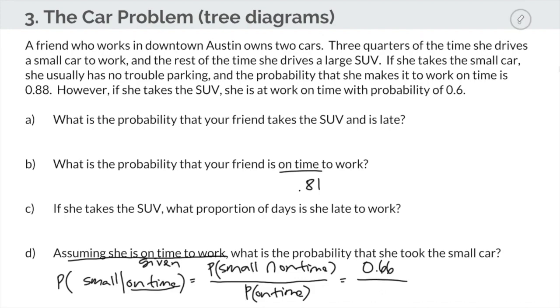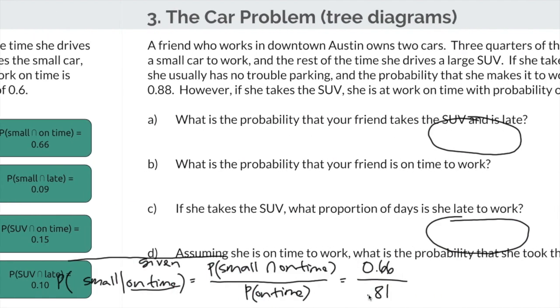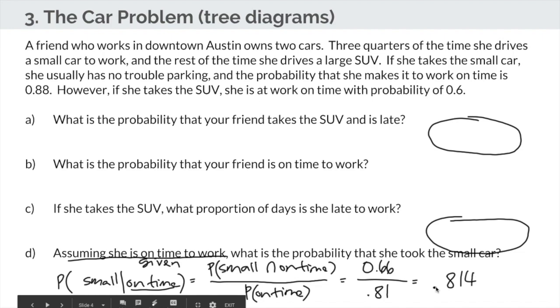If we hadn't already done that, this is one where we had to look at 2 different things because there were 2 different scenarios where she was on time. So we had to add those together to get the total probability that she's on time. That gives 0.8148. So if she shows up on time to work, there's an 81.5% chance that she took the small car.